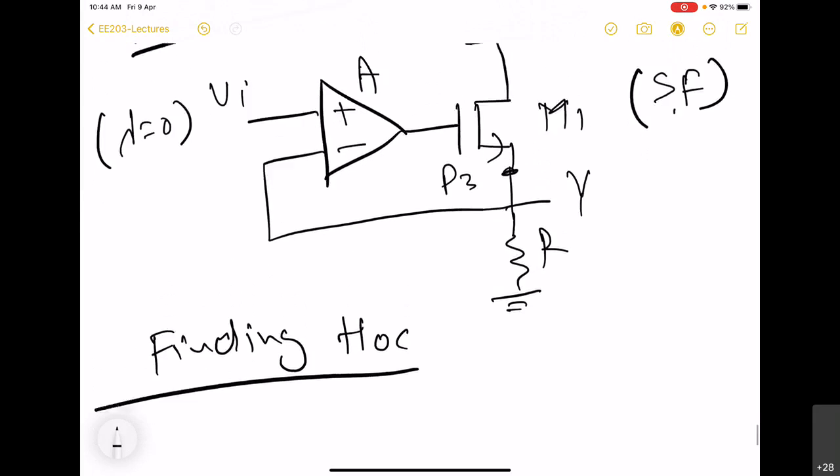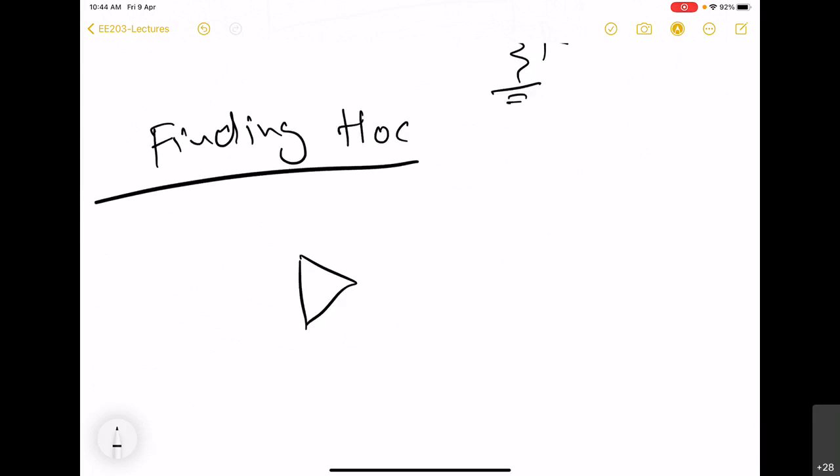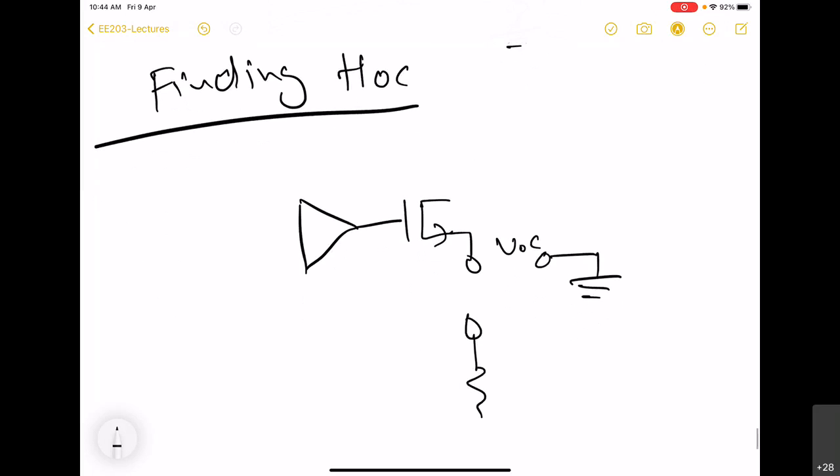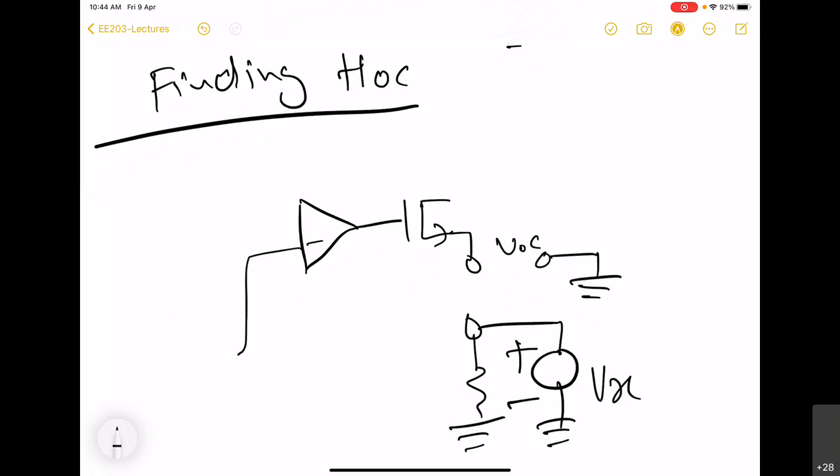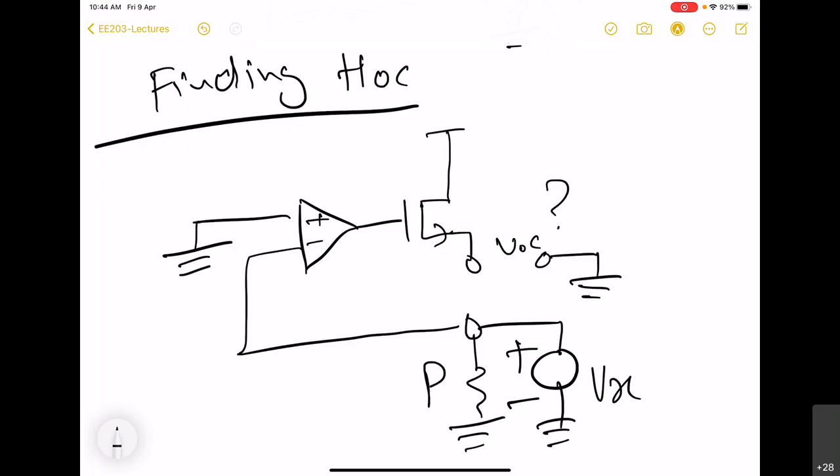So for this case, we break the loop like this, and this is going to be the open circuit voltage that we are looking for, and here we will excite it with a test source, and we set the external input to 0. So this is what we have to find out for this circuit.